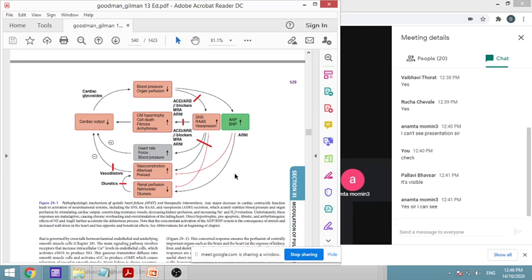Why has it reduced? Because of many reasons. It is a cyclic process, so one after another it is happening. Cardiac output is reduced, and because of that blood pressure and organ perfusion have reduced. Because of this decrease, the renin-angiotensin activity can be initiated. The natriuretic peptides, atrial and brain natriuretic peptides, will be increased.